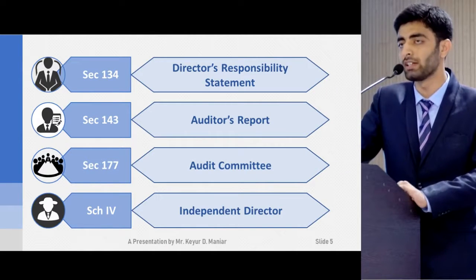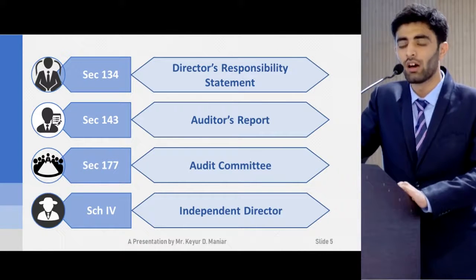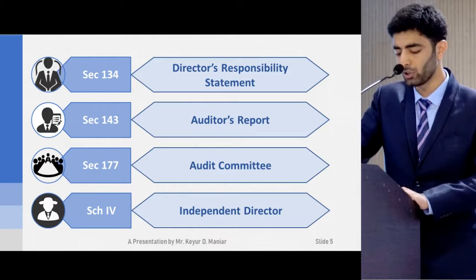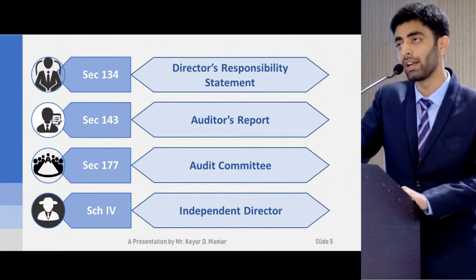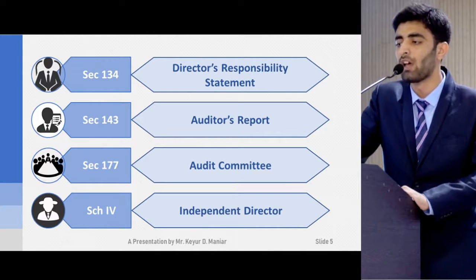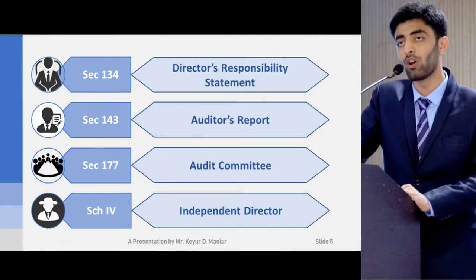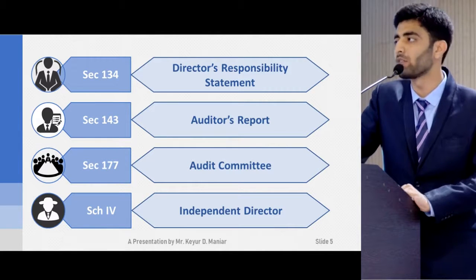Next, section 143 states that the auditor's report should contain an opinion on the adequacy and the operating effectiveness which the director's report had. Next, section 177: the audit committee is expected to call for comments and other recommendations from the auditors.